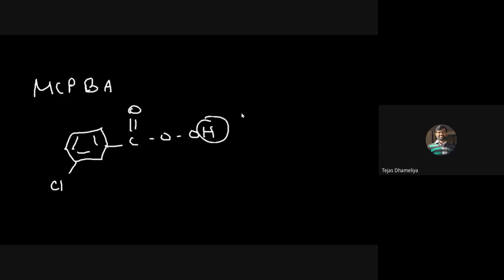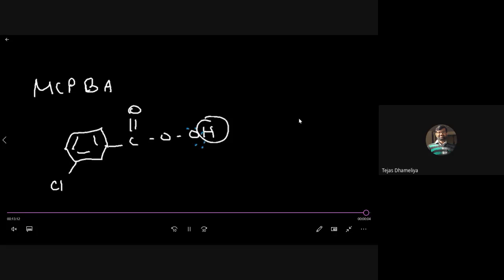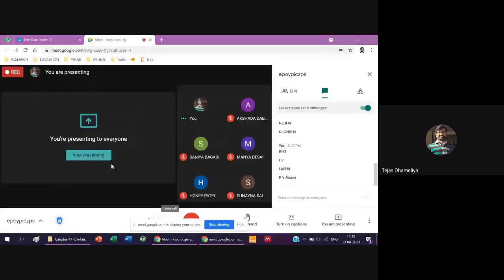And this is a substance used again for the same purpose in Baeyer-Villiger oxidation. Just as we saw the trifluoroperoxyacetic acid example and how it can catalyze the reaction, similarly this MCPBA can also convert ketones into esters.